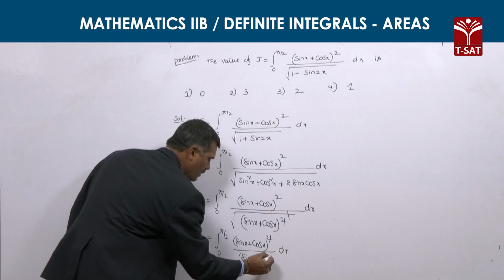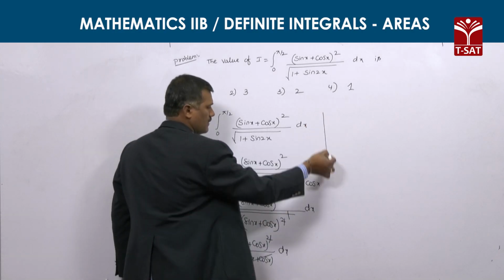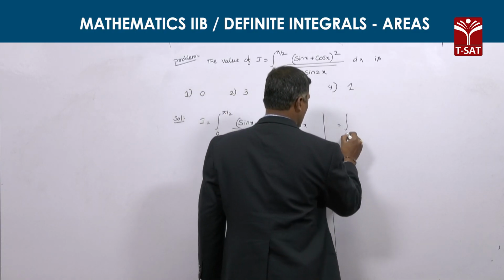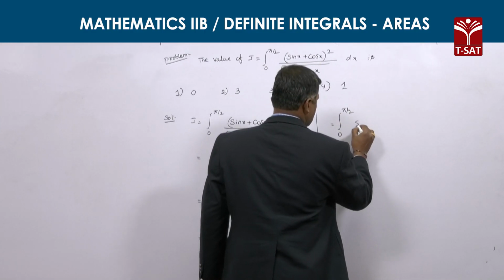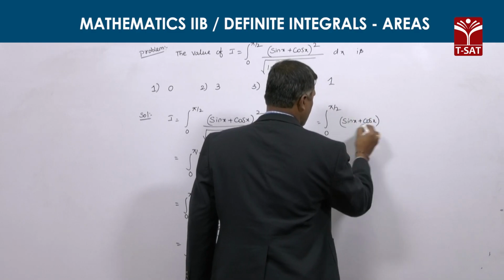In this, one term gets cancelled, that is equal to integral from 0 to pi by 2 of (sin x plus cos x) dx.